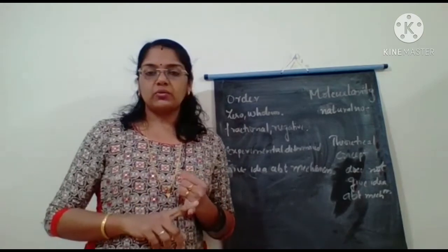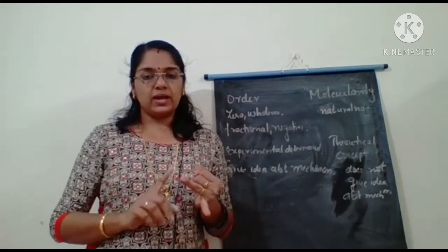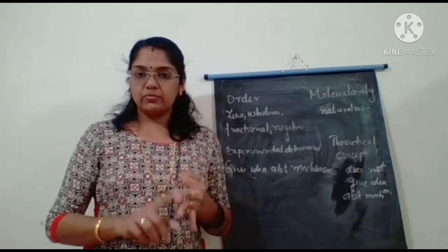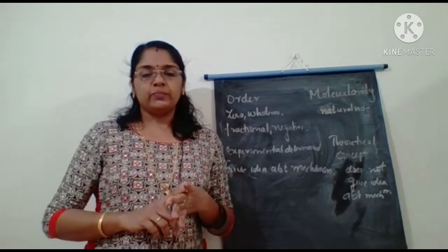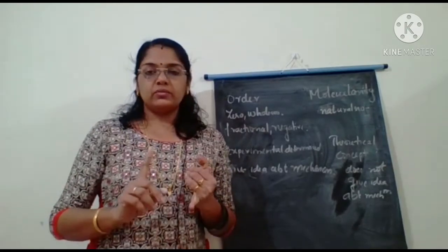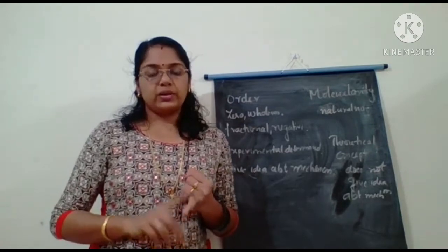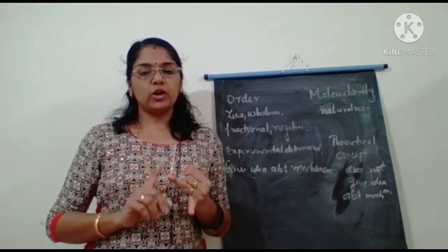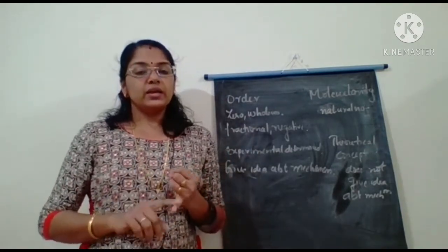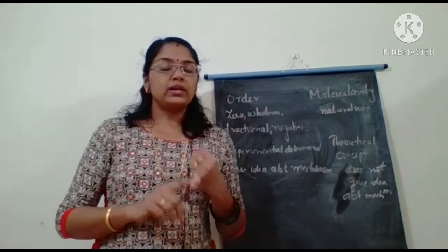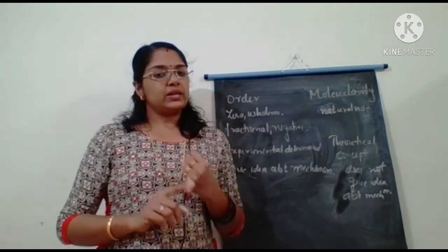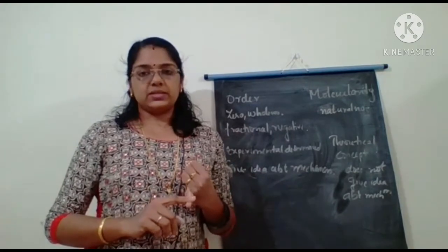Again, we have found that order can be zero, a whole number, fractional, or even negative. But molecularity can be a natural number only; it cannot be zero and it cannot be fractional. Order is determined experimentally, it is not a theoretical concept.